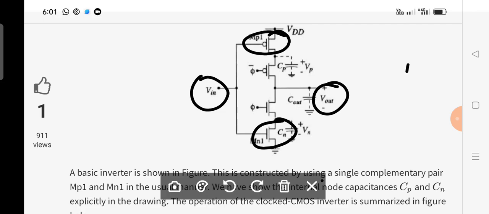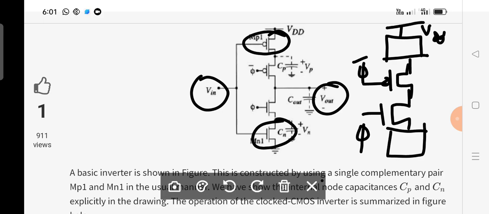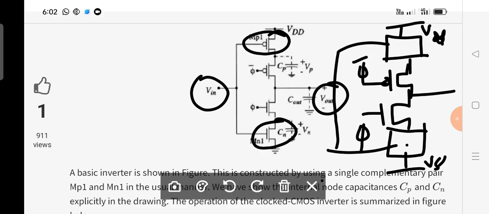Don't forget the middle portion, that means the synchronization portion should be common. If you take phi here, then definitely it should be phi complement. Then here you should have a PMOS network, and here you should have an NMOS network. It should be connected to VDD and to VSS, and common inputs are given for both. Is it clear? Always we know that the output is taken between the P section and the N section. Here the output is going to be taken. Is it clear, all of you?